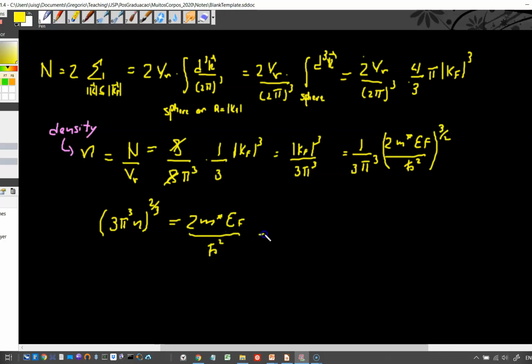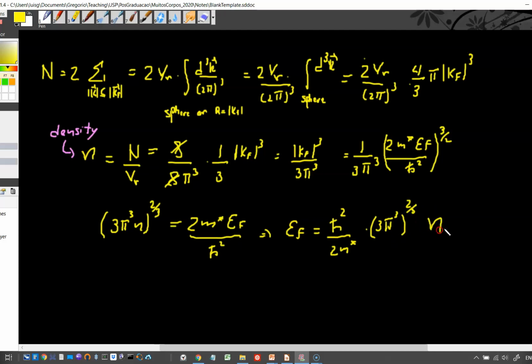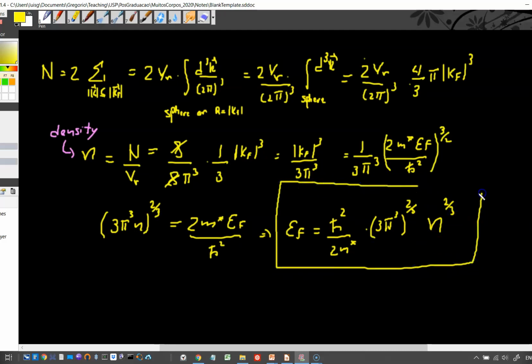Yes. So that gives me that EF equals h bar squared over 2m star times 3 pi cubed, which is just a constant, to the 2/3, times the density to the 2/3. All right.